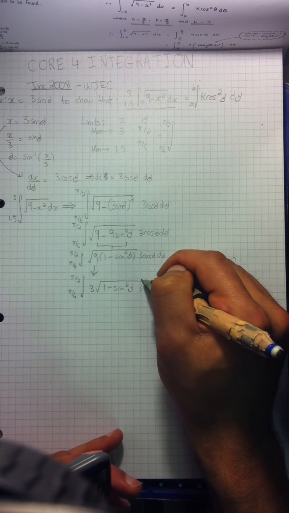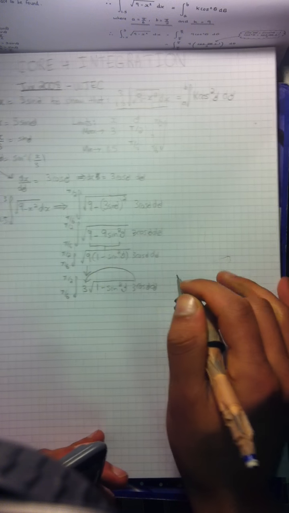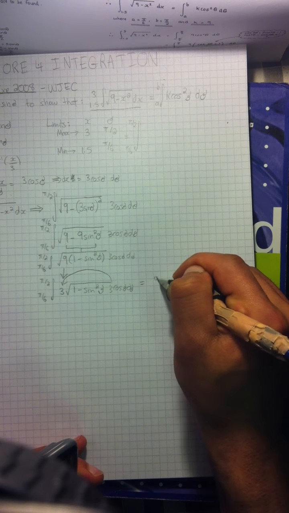So now all I'm going to do is times this 3 by this 3. That's going to give me 9, 1 minus sine squared theta, cos theta is still over there, with pi over 2 and pi over 6.